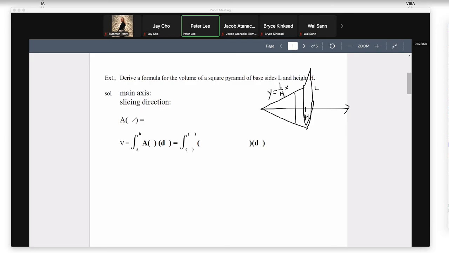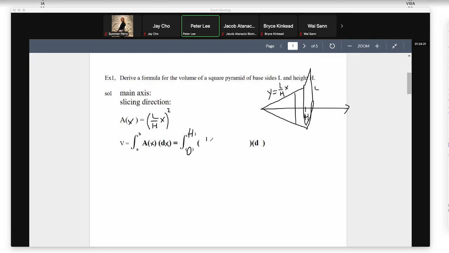So what is this here? Main axis is x. L of x happens to be L over h times x, and then square this. The interval is going to be from 0 to h.